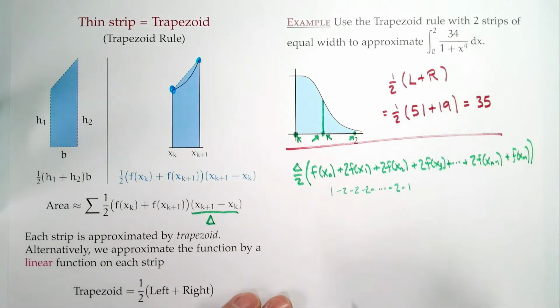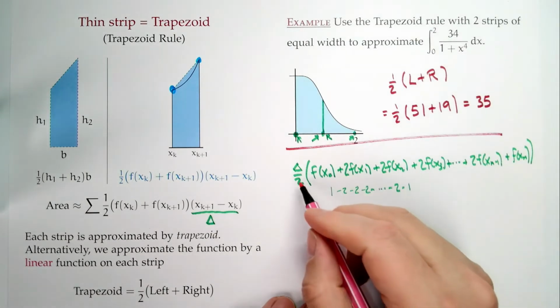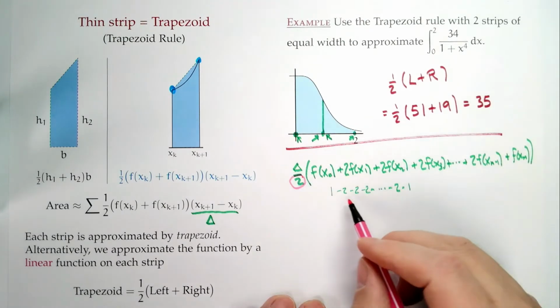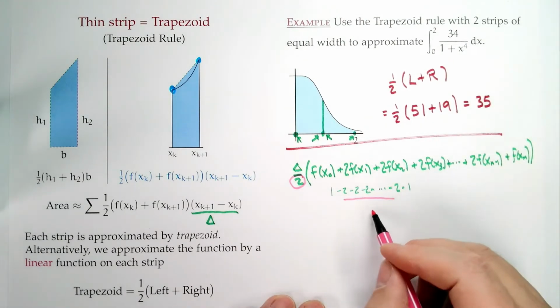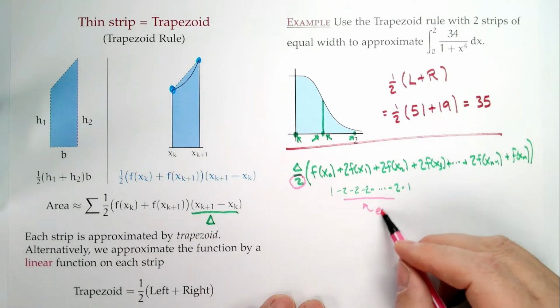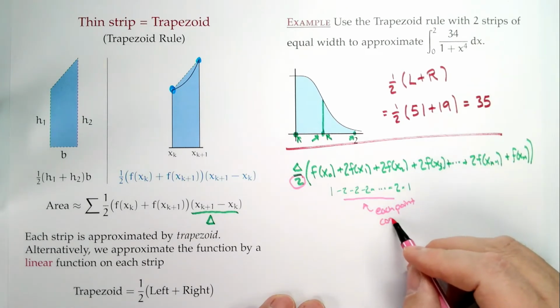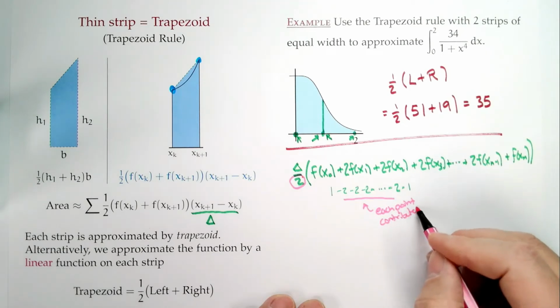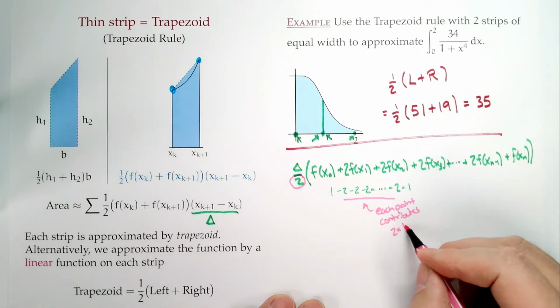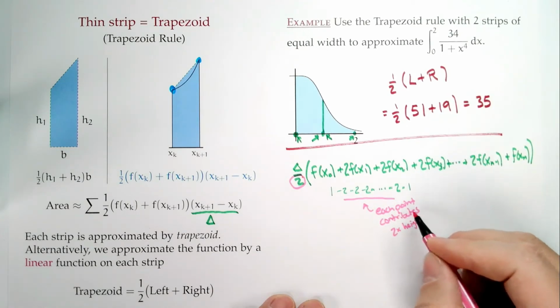Now there's a clue I like to note that helps me remember this, which is this 2 here. If you look at it, most of the time it's basically saying each point contributes 2. Or I should say, when I say it contributes 2, it contributes 2 times its height, on average.